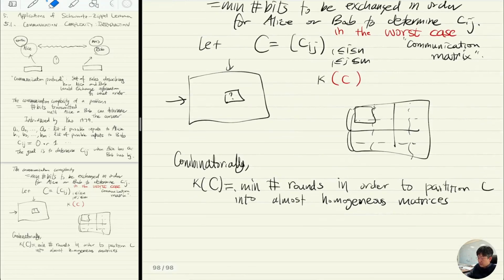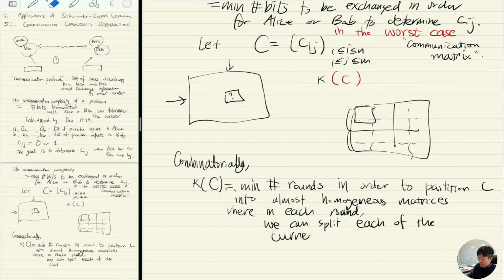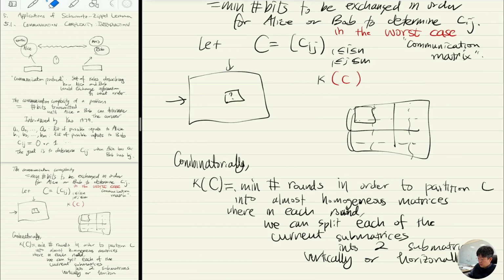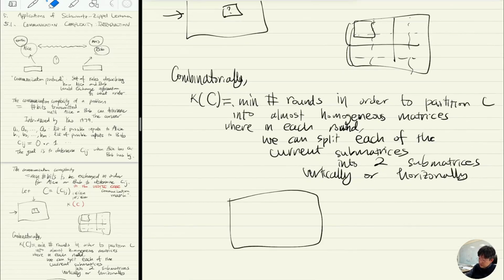And what we do is, in each round, we can split each of the current submatrices into 2 submatrices, vertically or horizontally, right?